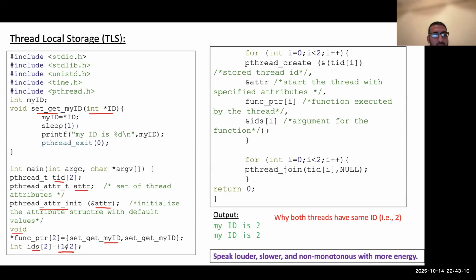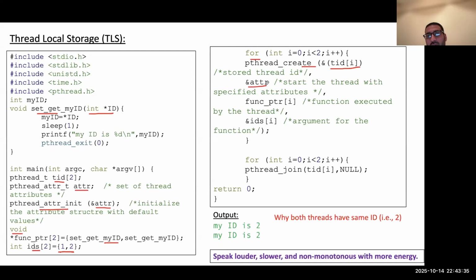We are initializing them as 1 and 2, so to the first function we will pass the value 1, and to the second the ID of 2. Then in the for loop we are creating the threads. We invoke the pthread_create method, and as the first parameter we pass the memory location where we want to store the ID of the thread.